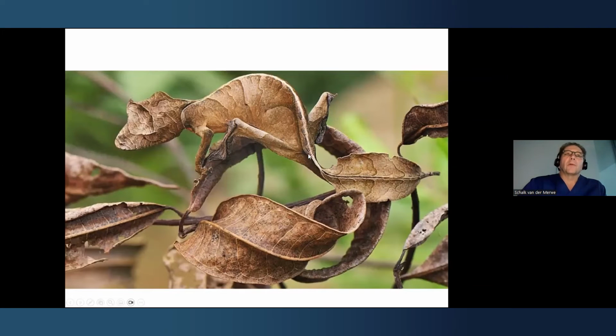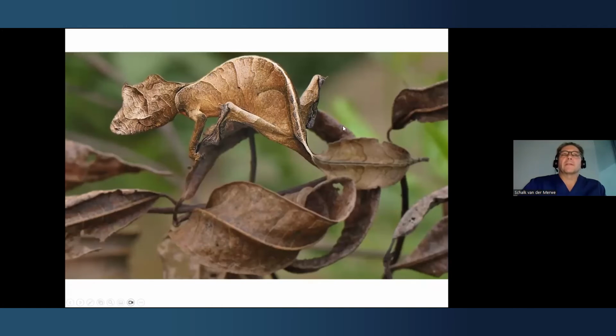With EUS, we also have certain features of the EUS process itself that we can utilize to enhance. For instance, contrast harmonic imaging or giving contrast will help to enhance. In this case, you see what appears like a leaf, but by enhancing this, and this will be analogous to what can be done by using the processor and using your scope effectively, the lesion, in this case, the gecko, stands out from the surrounding structure.